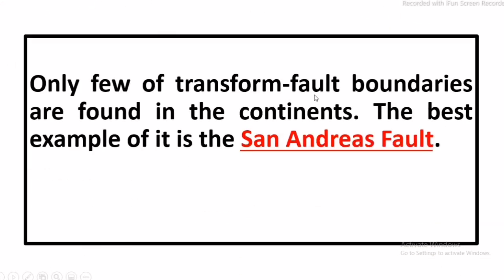Only few of transform fault boundaries are found in the continents. The best example of it is the San Andreas Fault. San Andreas Fault is located on the western part of United States of America in California, San Francisco.